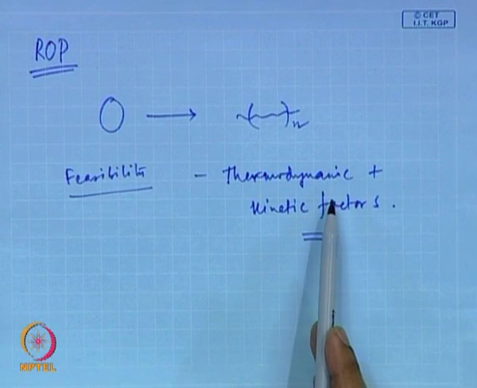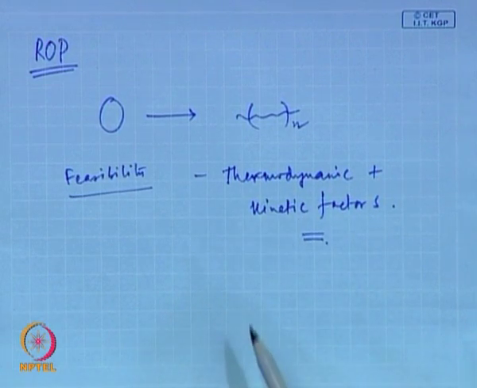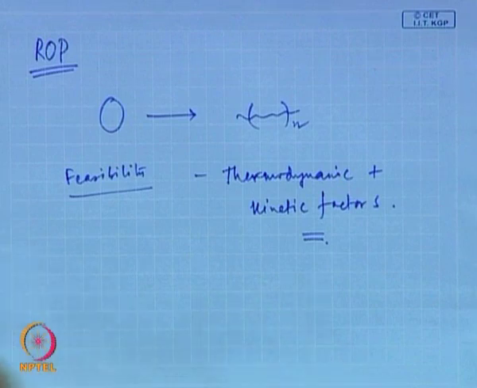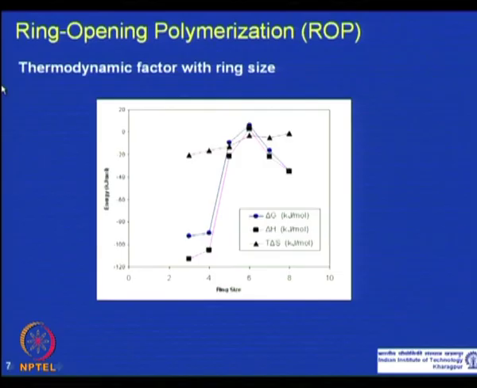Now, let us talk about the data, and then we can understand the thermodynamic factor more clearly. Now, these are the data of all the three: delta G gives free energy change, enthalpy change and entropy change. I have made it T delta S to compare and put it on the same scale.